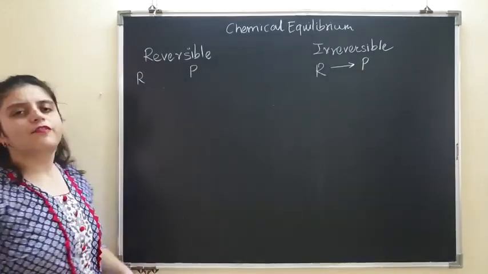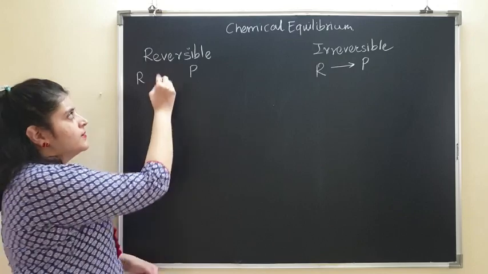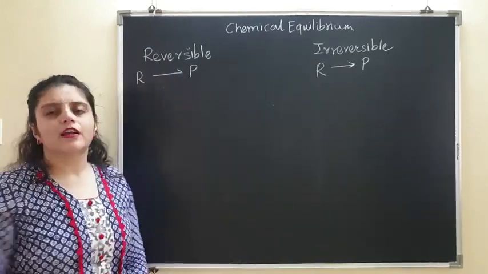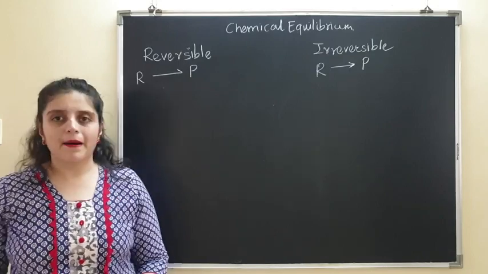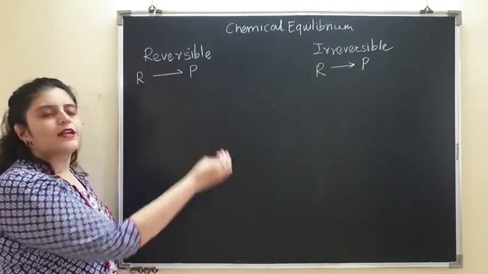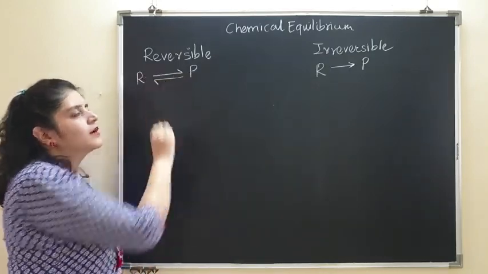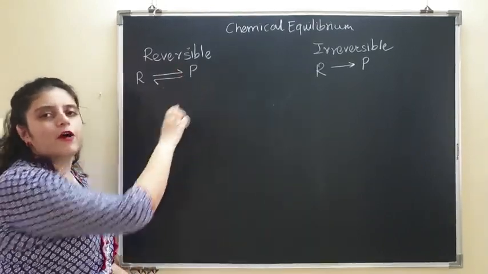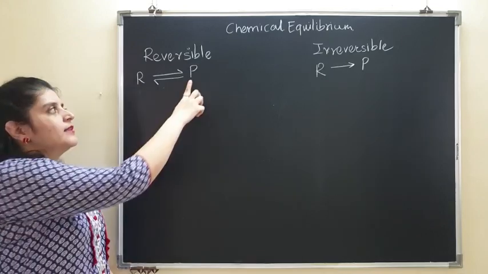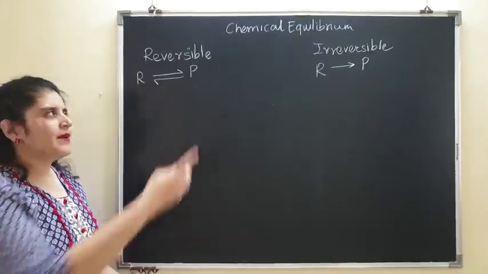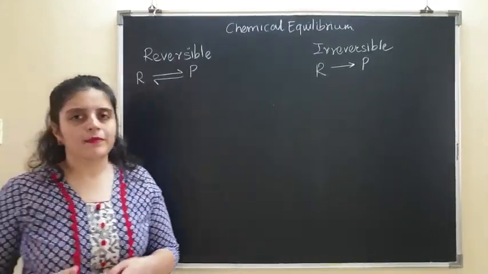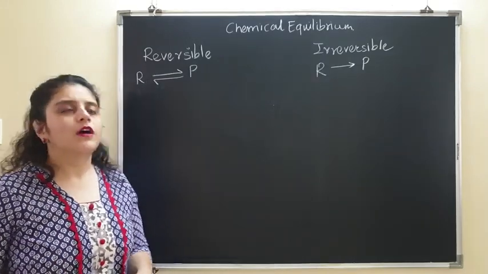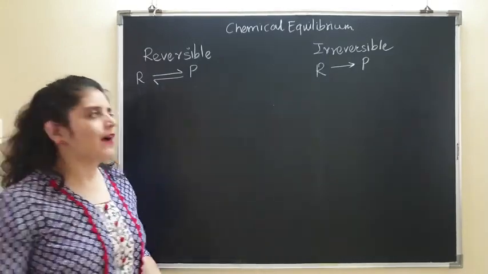But in case of reversible reaction, the molecules of reactant will convert into product, but the molecules of product will also give the reactant back. I repeat, reactant will form the product, but the reverse reaction will also take place. Product will also form the reactant. So therefore we are representing these two reactions by different kind of arrows.